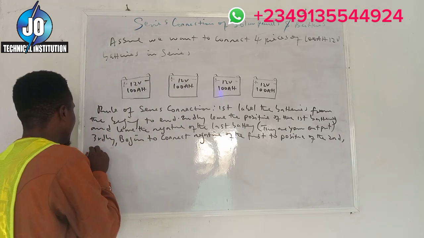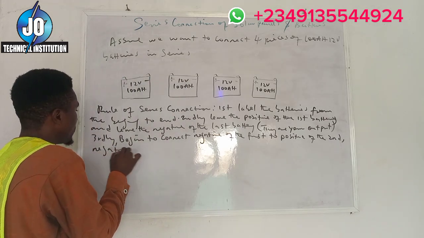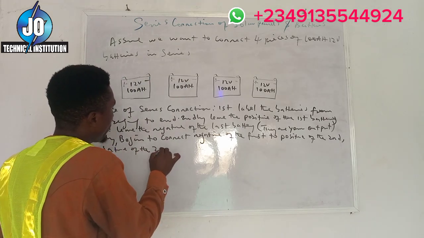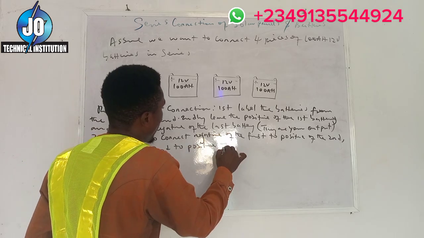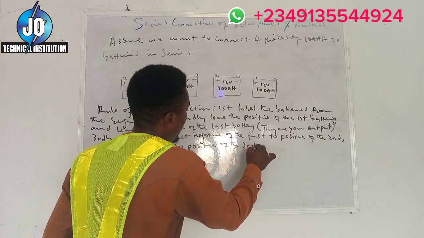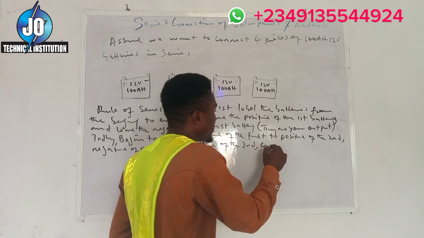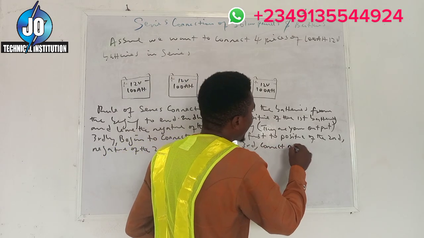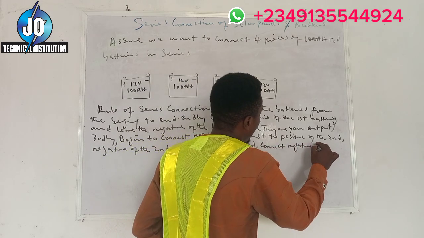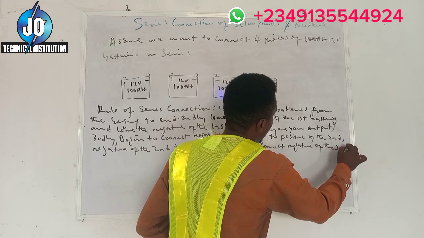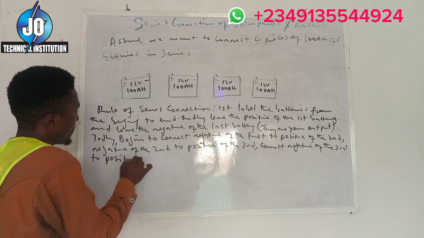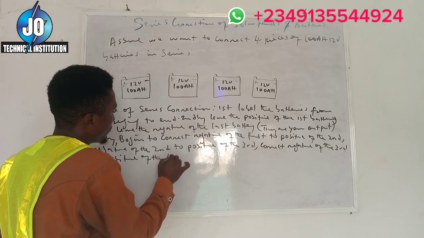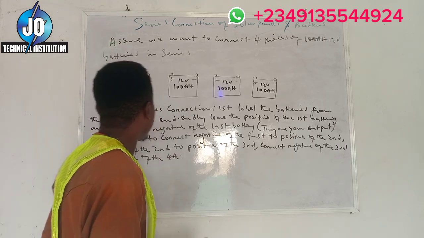Then you connect negative of the second to positive of the third. Then you connect negative of the third to positive of the fourth.